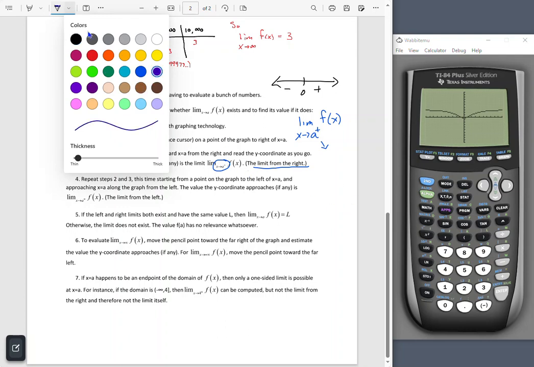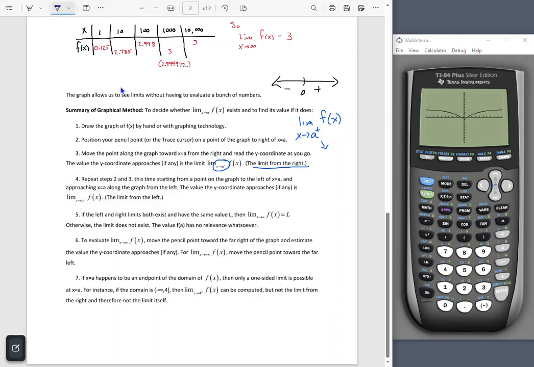So we might also have, right here, the limit as x approaches a from the left, so we'll use the negative sign to indicate left of f of x. Limit from the left, so we'll look just as we're coming in from the left, what's that number? We'll look as we're coming in from the right to our value a, what's that number?